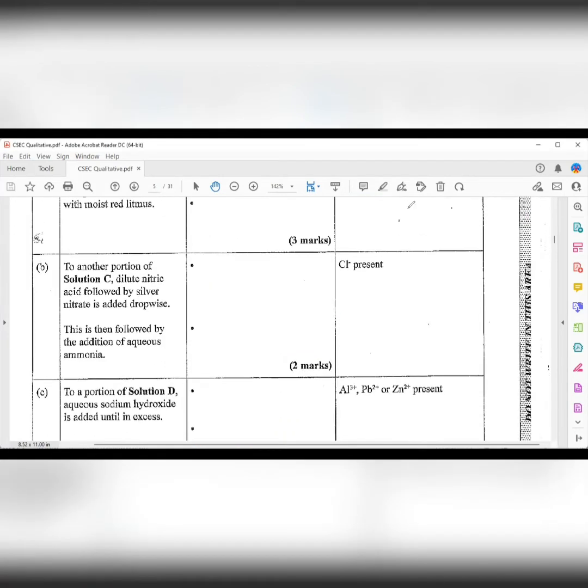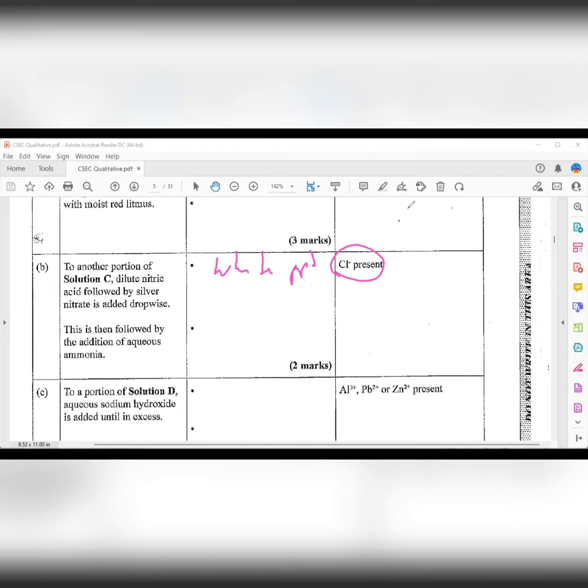So we press on with this. 3 marks. It says to another portion of solution S, nitric acid is added, followed by silver nitrate. Silver nitrate is used to test for halides. So it says chloride is present. So if chloride is present, white precipitate would be seen, white PPT. This is then followed by the addition of ammonia.